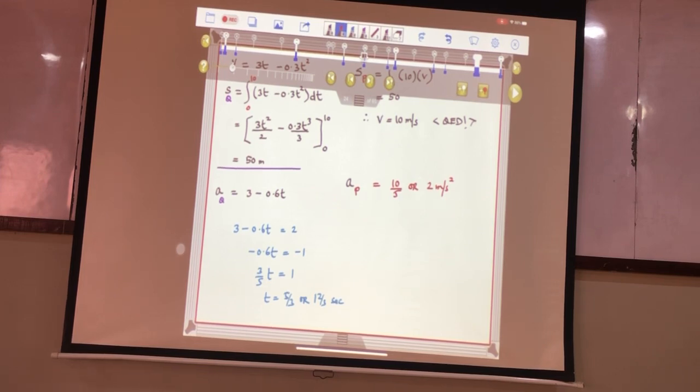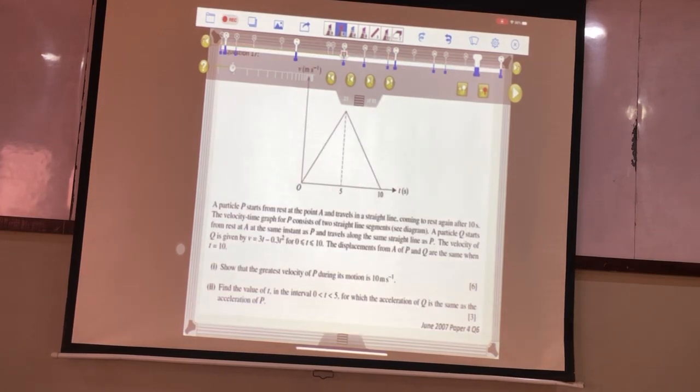Slope of a velocity time graph is acceleration. That is 2 meters per second square. So take the expression for acceleration of Q, 3 minus 0.60t, equate it to 2. So the time comes out to be 5/3 seconds, or 1.67 seconds, whichever method of writing you feel appropriate. So that was the second question.